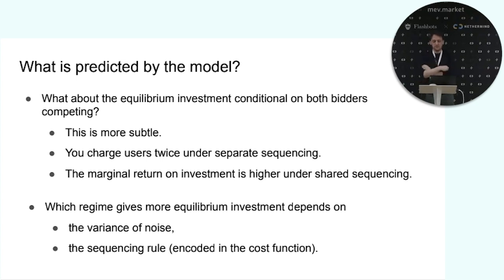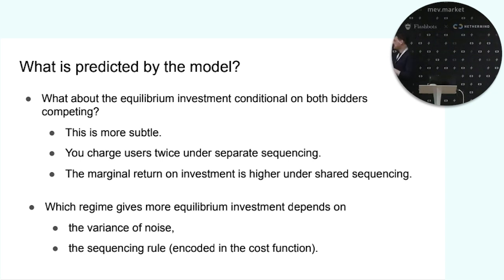So you have more returns on investment if you do shared sequencing, right? So you have a better control of your outcome. Your investment gives you a better idea, given what you invest, of whether you will actually gain something. So those are the two effects, and then you can trade them off, right? So what it does in the end is give you a more nuanced answer of equilibrium investment. You have a dependency on the noise in this contest, and you have a dependency on market structure, on the sequencing rule, right?